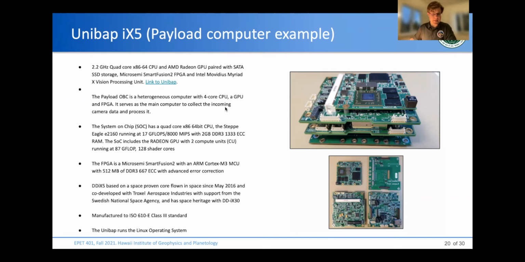And this computer is also not just a CPU-based computer, but it has a CPU and a GPU, a graphics processing unit, and also an FPGA. So the FPGA will collect the camera data and then send it via the PCI Express lane to the CPU and the GPU for further processing and storage.